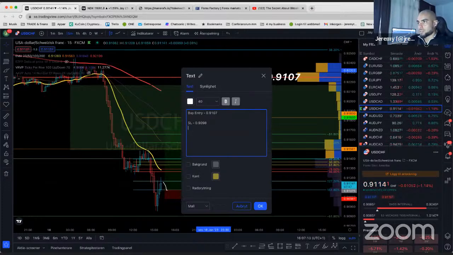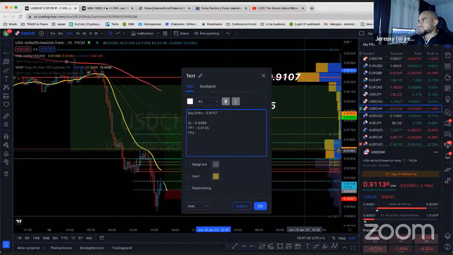TP 1, I would put it at 0.9125. Take profit 2, I will put that here, exactly where the liquidity zone starts.